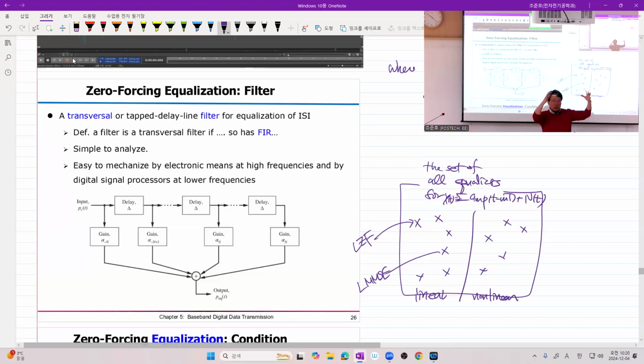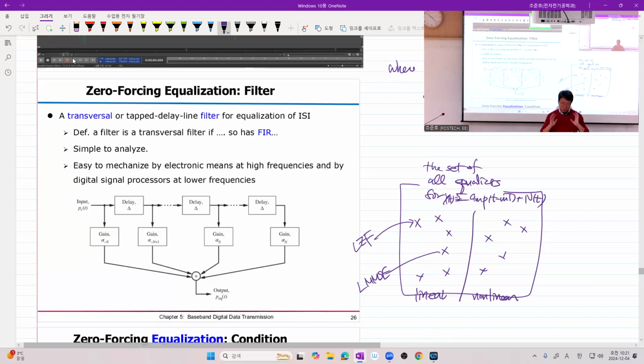You consider reduced complexity algorithms. That could be suboptimal. However, that idea may be a good trade-off between the performance and implementation cost or complexity. So there are many different equalizers with different computational complexity and different performance.